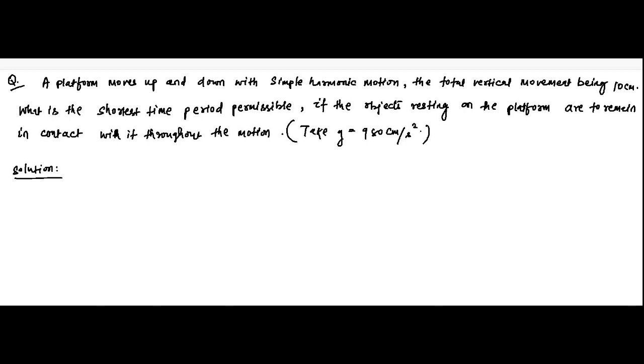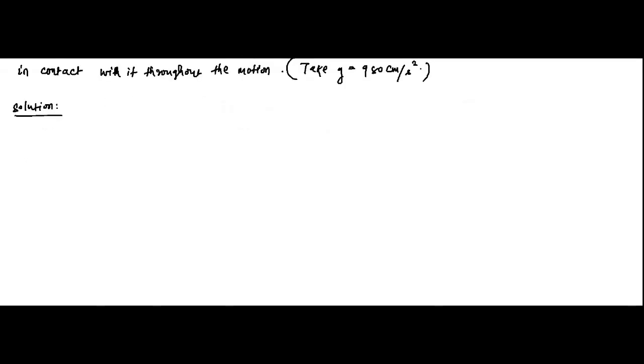Here we have been given the value of acceleration due to gravity, g is equal to 980 centimeters per second square. It is given that we have a platform, let's say something like this, and some object on it.